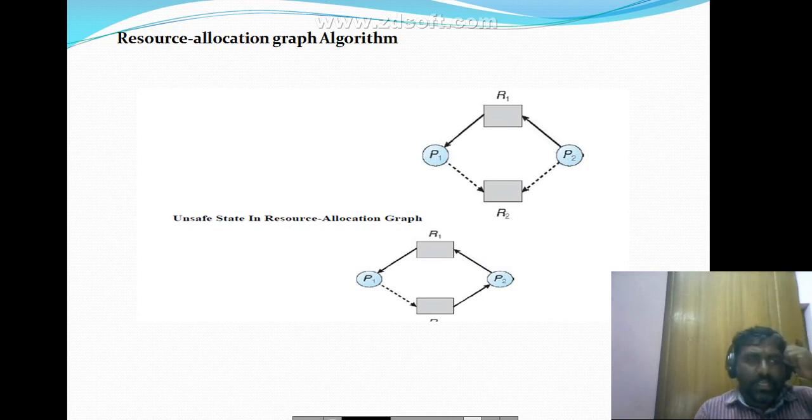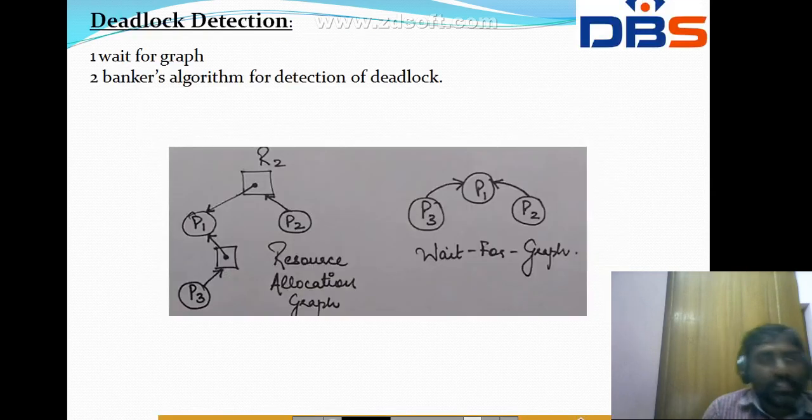So avoidance algorithms are majorly of two types. First one is single instance of resource type, and the second is multiple instances of resource type. For single instance we have the resource allocation graph algorithm, whereas for multiple instances we have the Banker's algorithm.